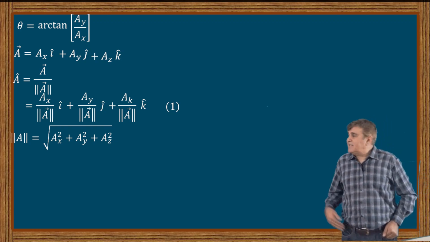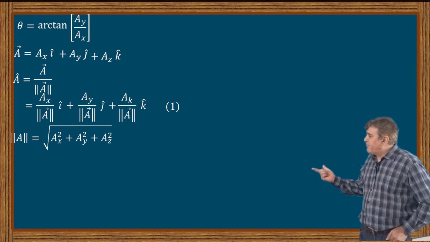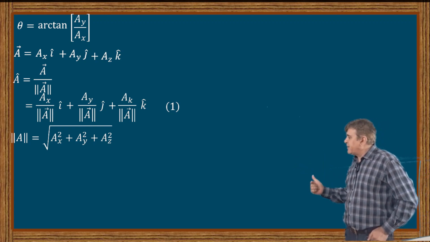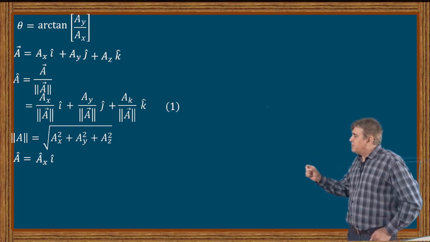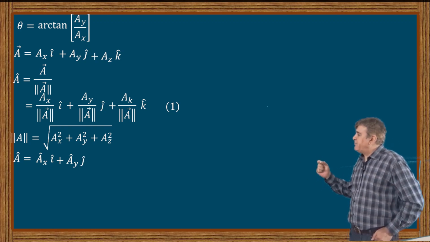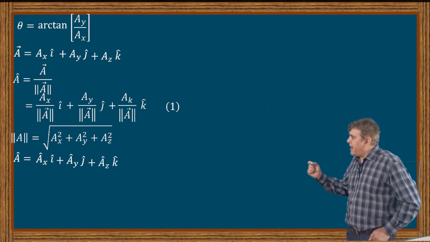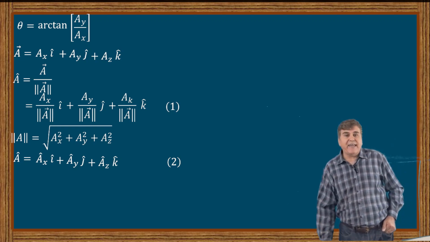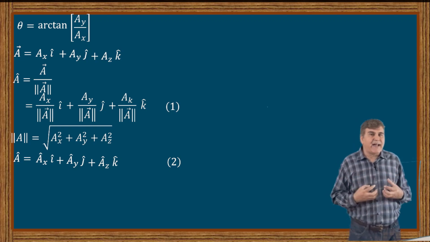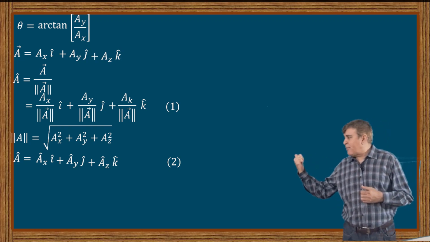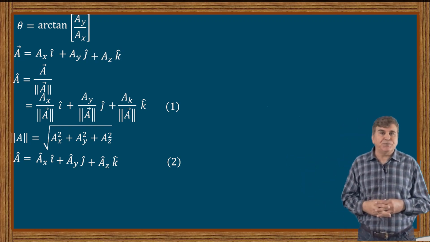I want to rewrite this equation in a more simplified form, that is, the unit vector A I'm writing in the form of a sub x hat times unit vector i plus a sub y hat multiplied with unit vector j plus a sub z hat multiplied with unit vector k. So I just rewrite equation 1 into this form and call this equation 2.